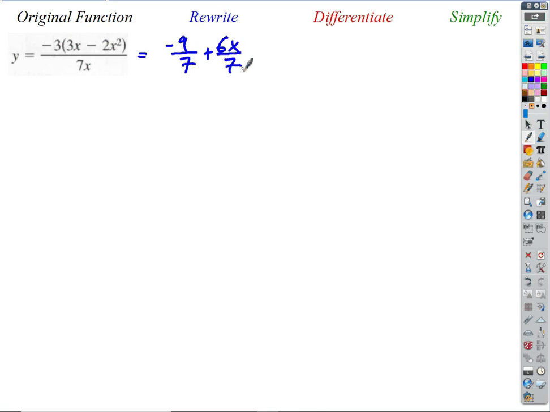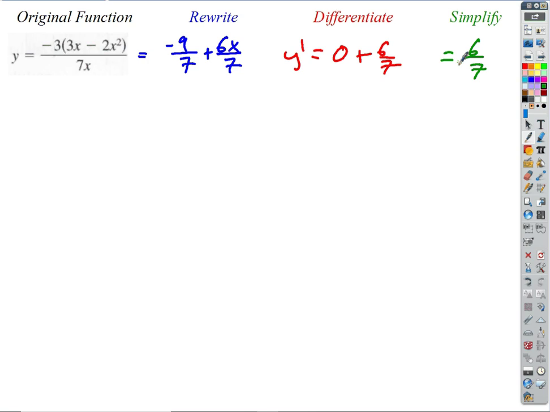Easy, right? When I differentiate then, I'm going to get 0 plus 6/7. Okay? So what's the moral of the story there? If you can split the fractions up, and when does that happen? What would have made this much harder?